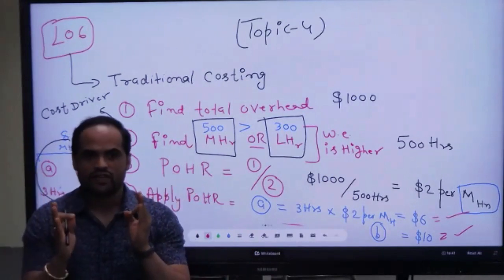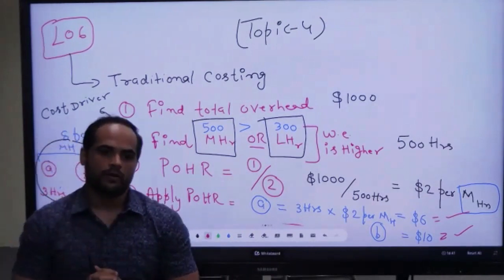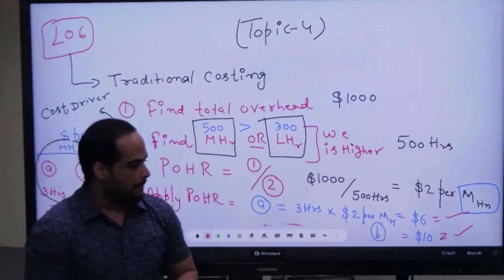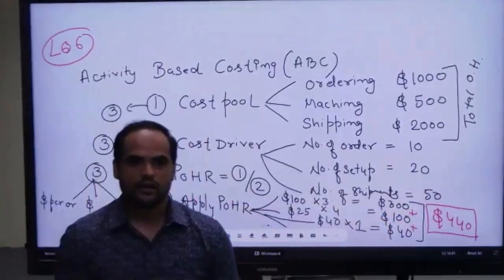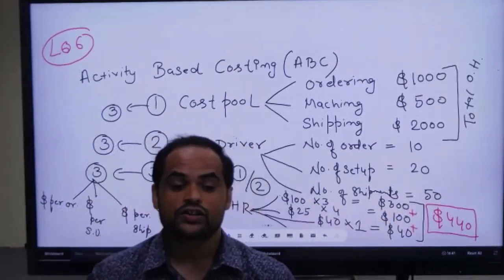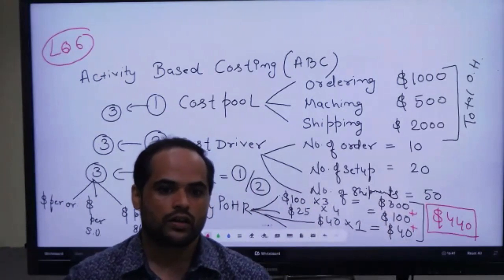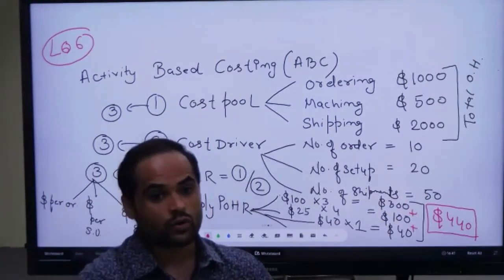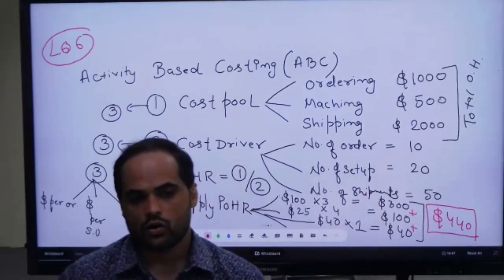The base of traditional is only machine or labor, right? But the base of activity-based costing is the number of activities. So that's why activity-based costing is known as the most accurate method to allocate cost.